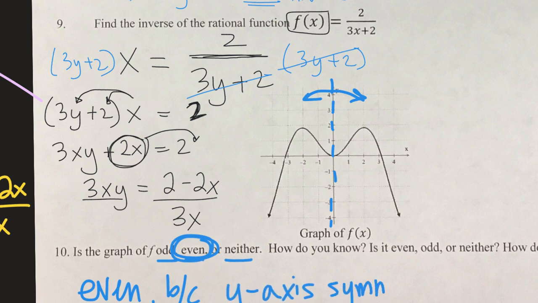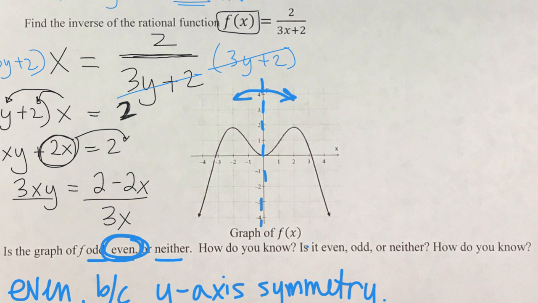Okay, we talked a little bit about this in the first video. From a graph, how do you know if it's an even function? Well, you look at its symmetry. The left side is exactly the same as the right side. Okay? And this question isn't supposed to say that. It's supposed to say, does the inverse exist?